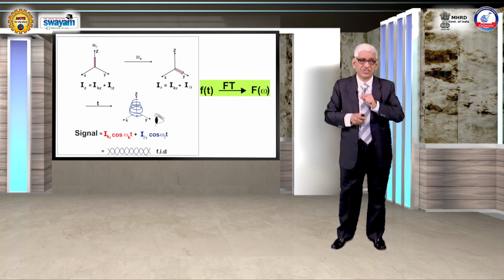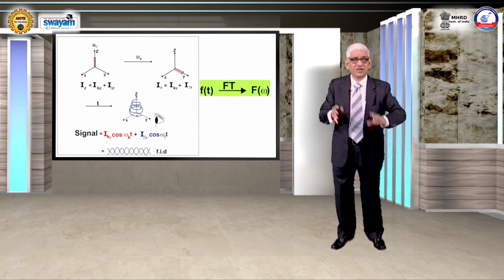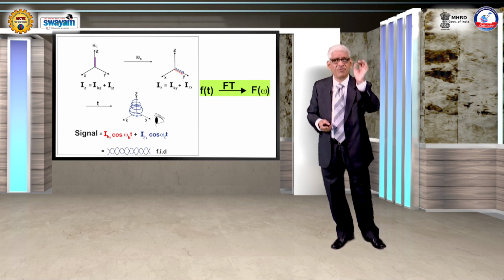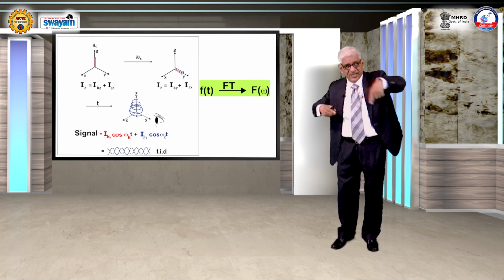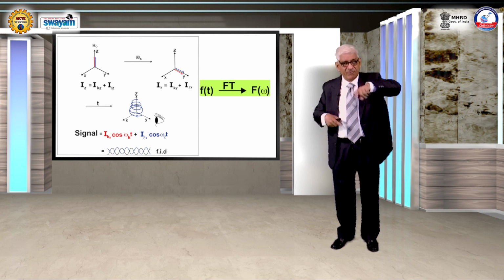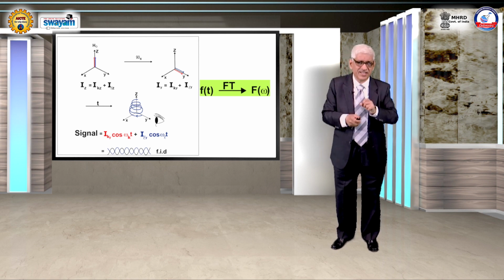Now we see what we have achieved. What we have achieved is phenomenal, because we applied the RF for 1 or 2 microseconds, and the FID which you are detecting, the free induction decay, will last for a few hundred milliseconds.